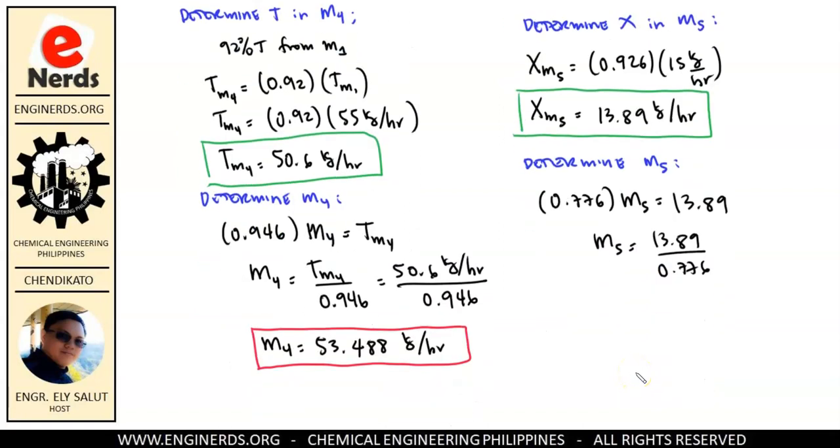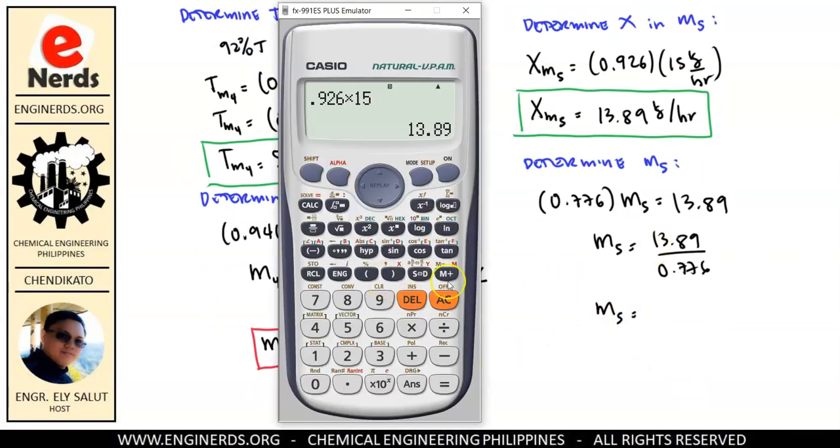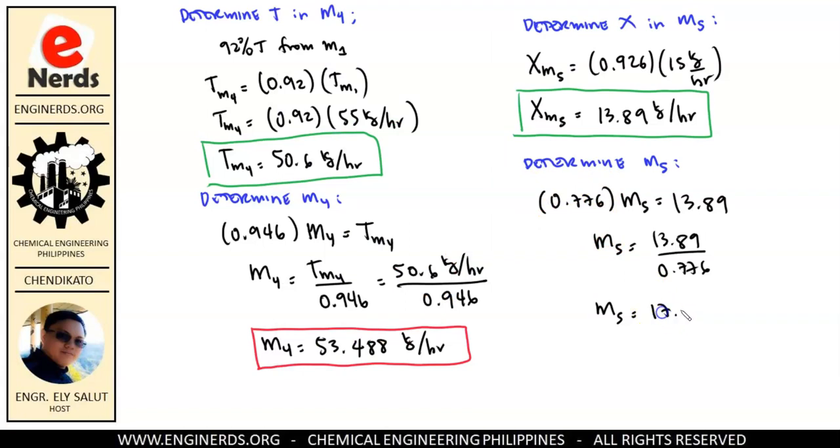Okay, so therefore our M5 is equal to, again, let's calculate, 13.89 divided by 0.776. And this is equal to 17.899. Okay, so we have 17.899 kilogram per hour.